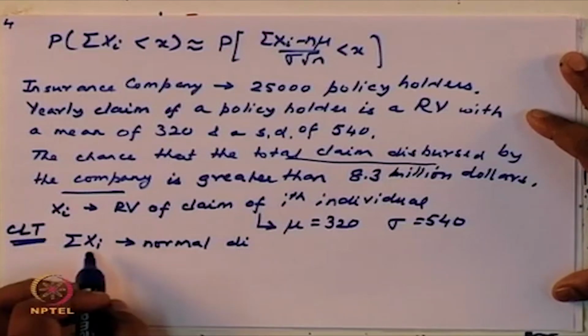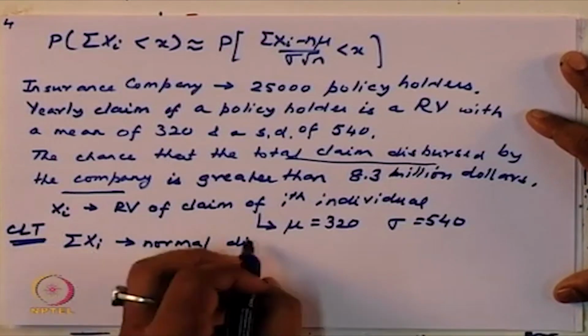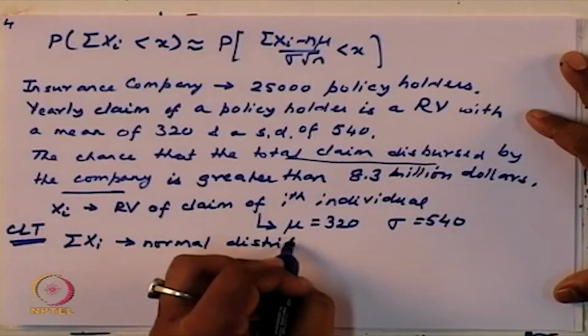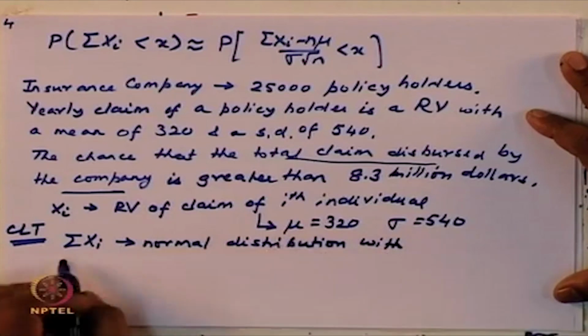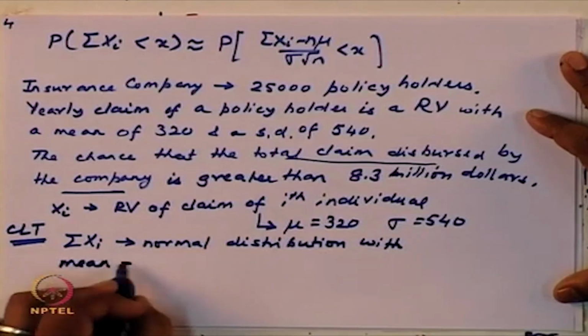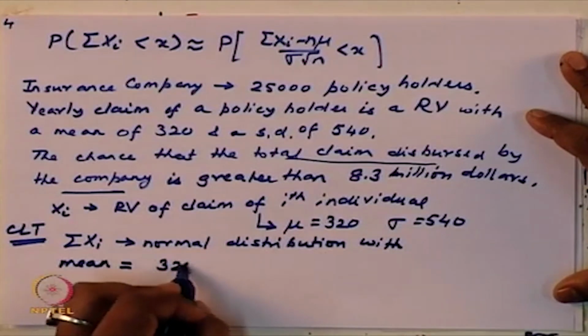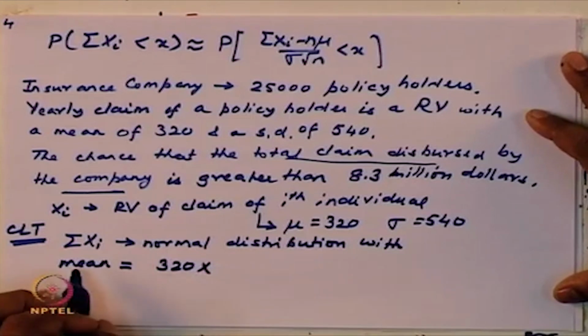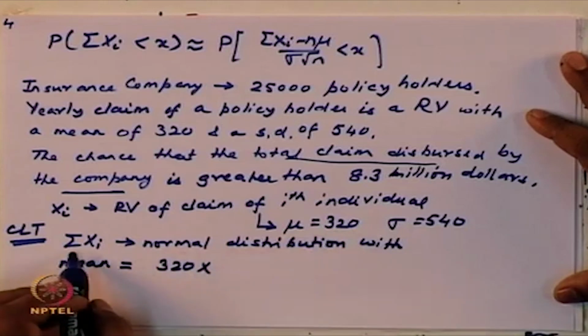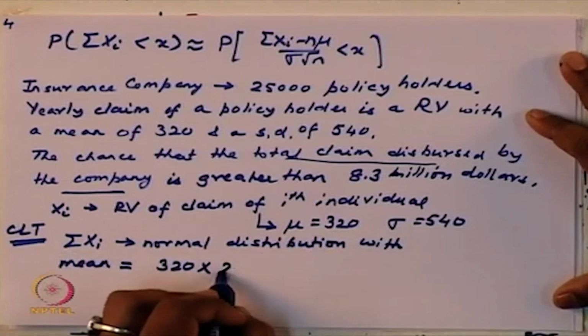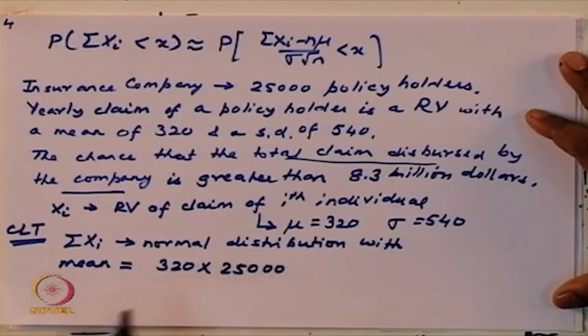Okay. What I can say is summation xi follows a normal distribution, okay, with mean equal to 320 into the total number of policy holders. So, for each xi you have mean as 320. So, for summation xi the mean has to be 320 into 25,000. Okay.